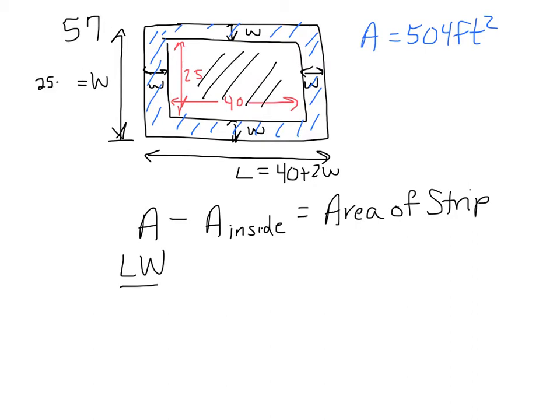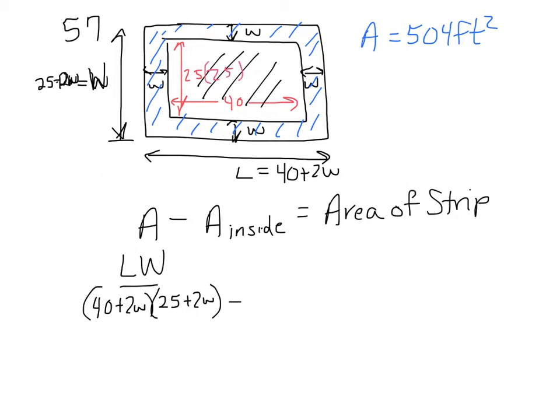Yeah, 25 plus 2w, little w. Okay, so this is big W and this is little w. So we're going to say that this is actually 40 plus 2 times the little width of the strip times 25 plus 2 times the little width. That's the outside area. The inside area is 25 times 40.